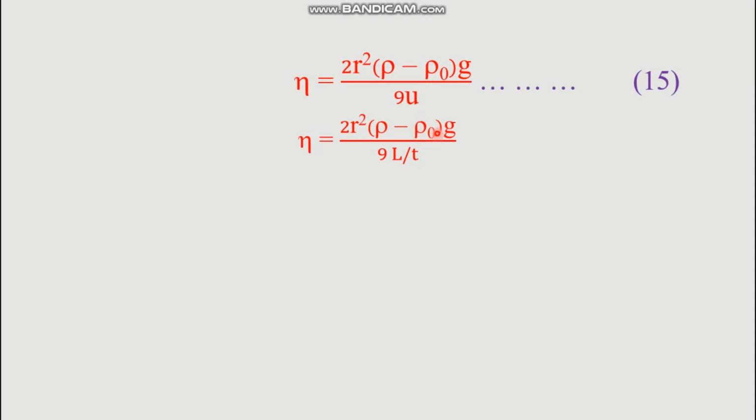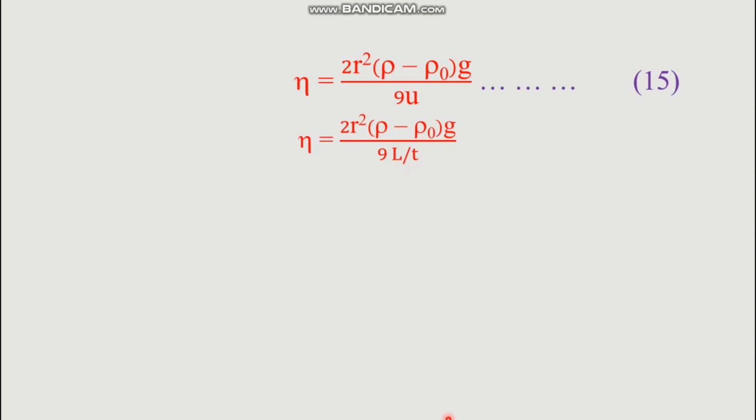For liquid 1 it may be rho 1, for liquid 2 it may be rho 2. L must be constant because we are marking the same distance, whereas the t must be different because the liquids are different, so they will allow different times for the ball to fall for traveling a particular distance L.